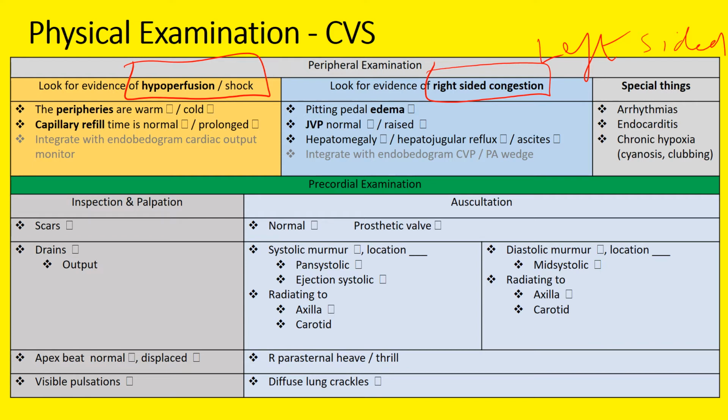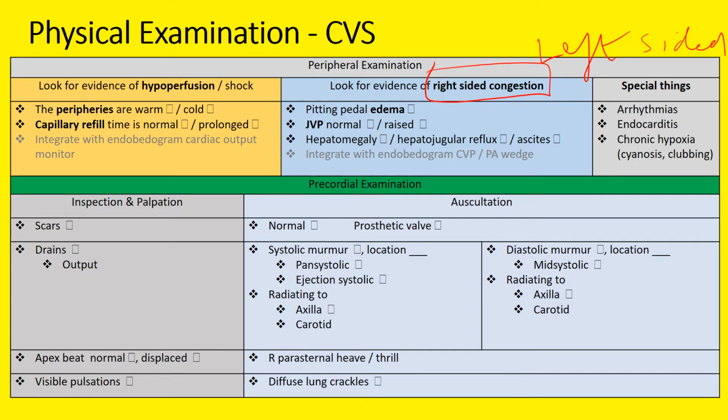So in the peripheral examination, what are the signs of shock? You palpate the peripheries and see whether they're warm or cold. You look for capillary refill time, although I think it's worthless, but you have to put on a show and do it. And then you remember you've already done the end of bed examination, so always integrate that.